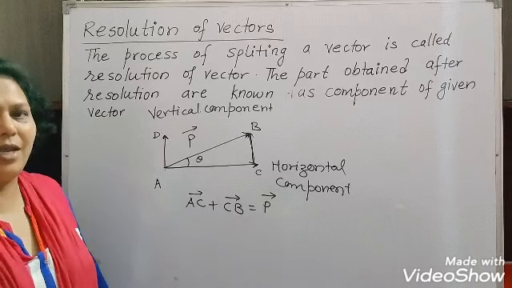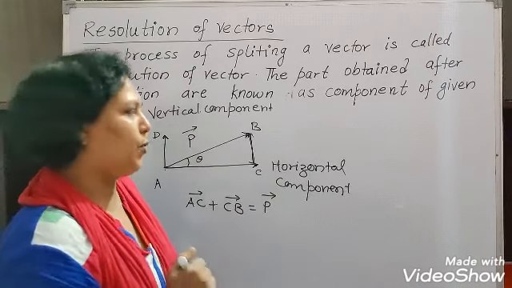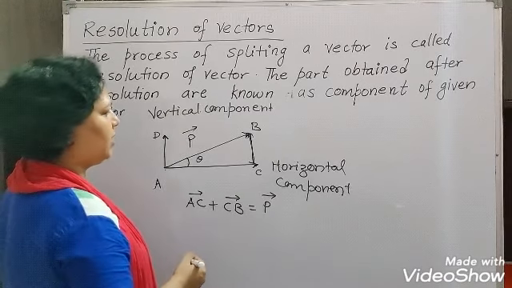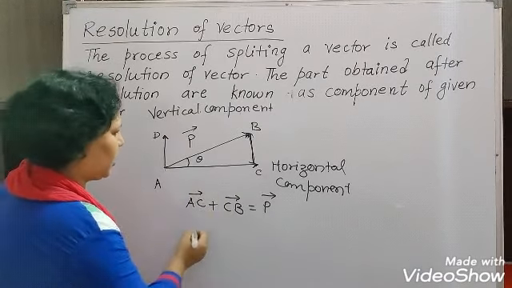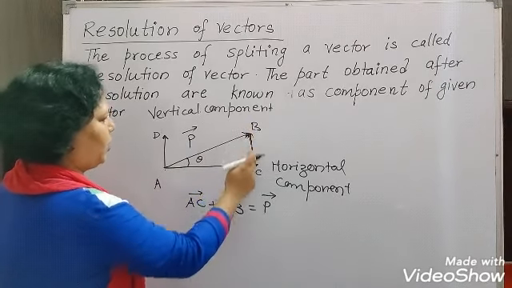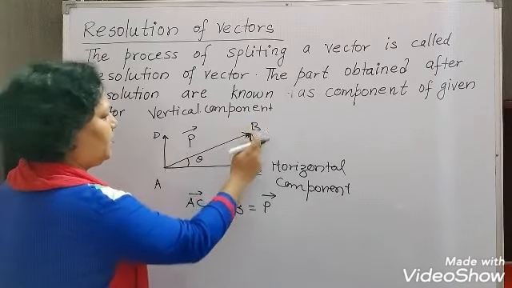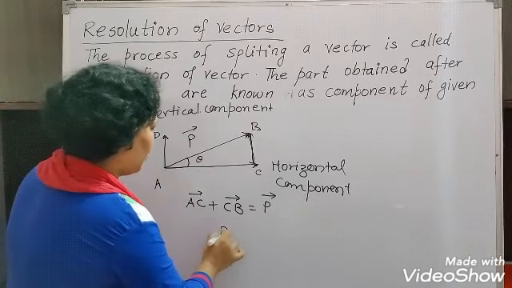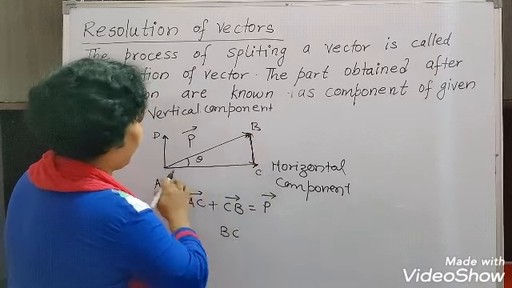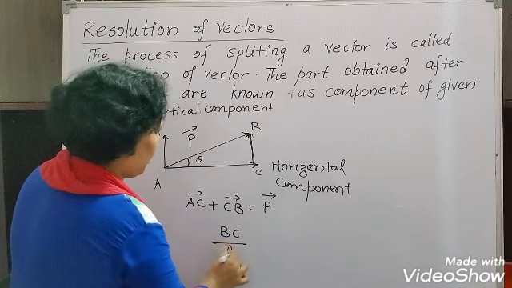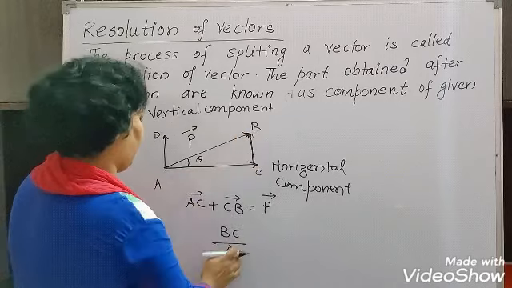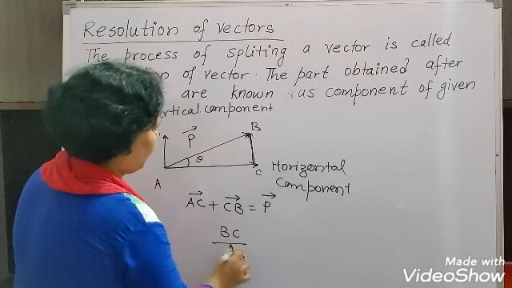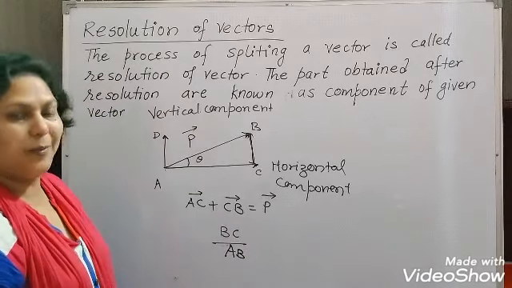Now what will be the value of the horizontal component? If we follow this triangle ABC, it is a right angle triangle. BC is the perpendicular and AB is the hypotenuse.